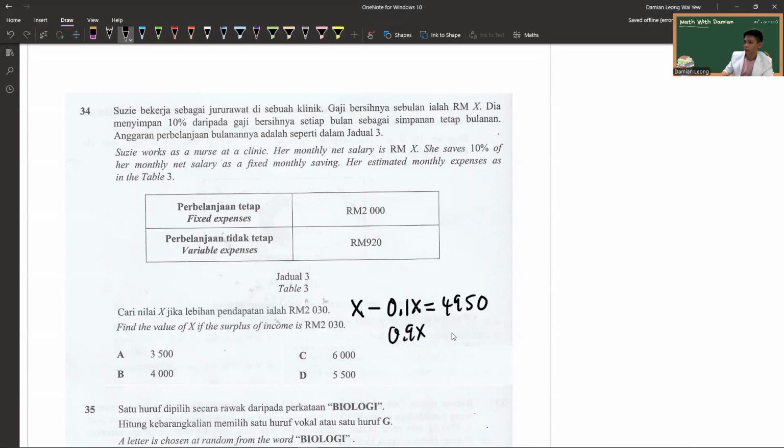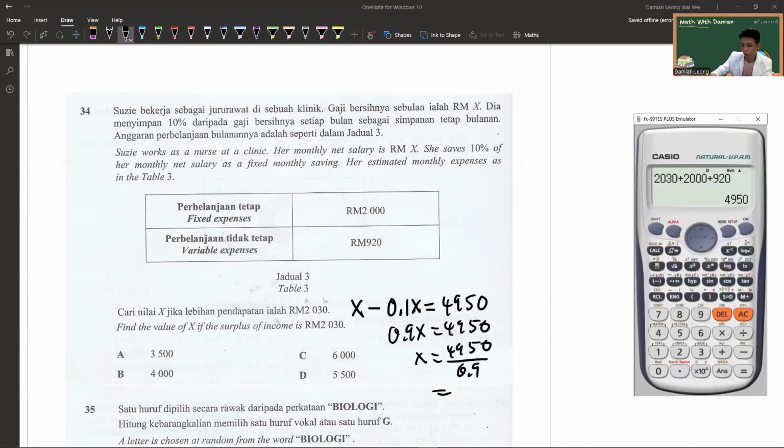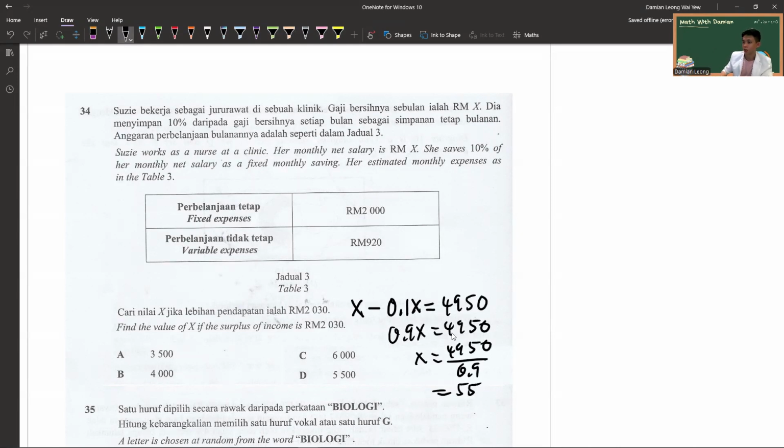Basically 0.9X is 4950. So X will be 4950 divided by 0.9, which we get 5,500. So that is the value of X, which is the monthly net salary, net income.